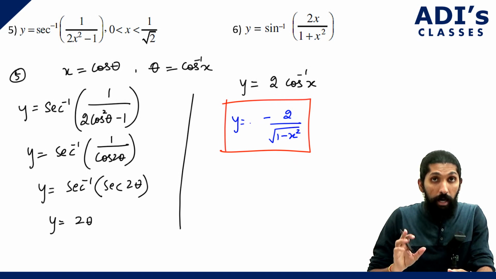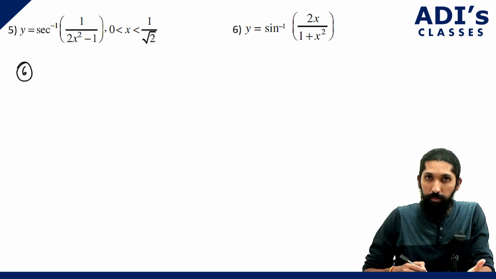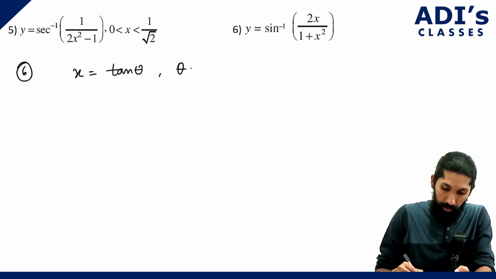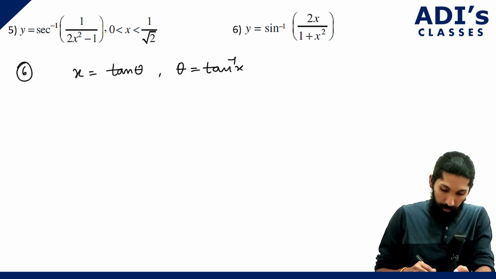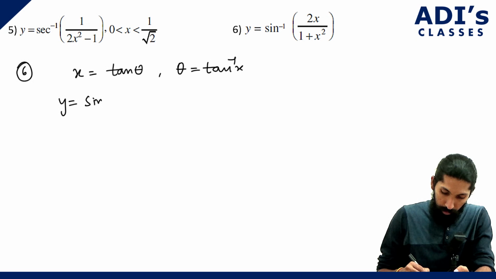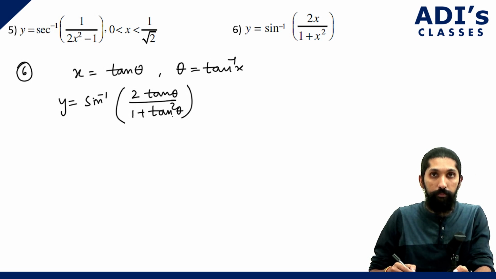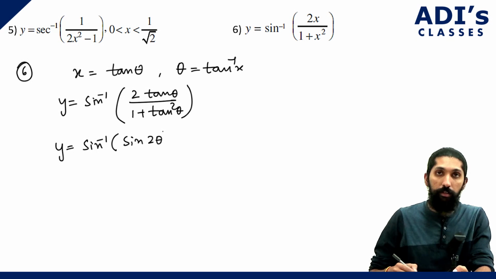Now let's do the last one, sixth one. Now for the sixth one, I think it's pretty obvious what you need to substitute, isn't it? So take x as tan theta. So theta is going to be tan inverse of x. Substitute. That means you'll have y is equal to sine inverse of 2 tan theta by 1 plus tan square theta. Correct? y is equal to sine inverse of sine 2 theta.